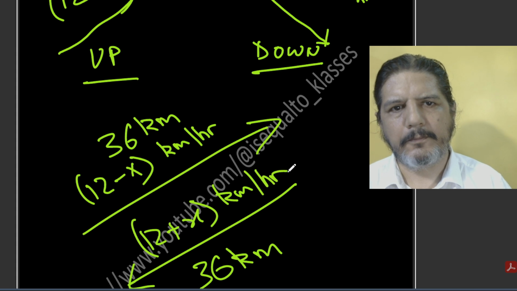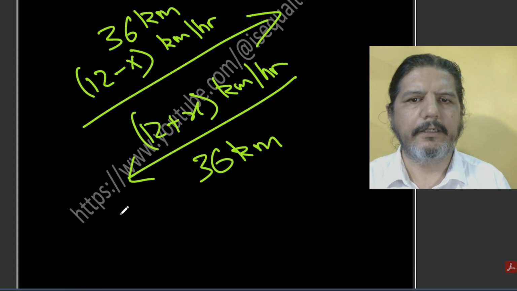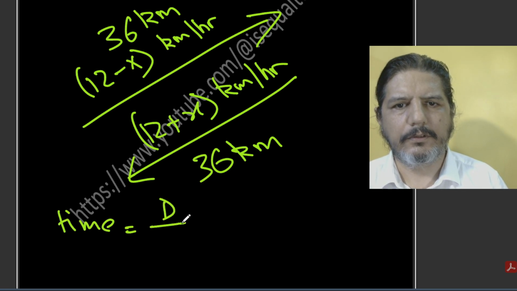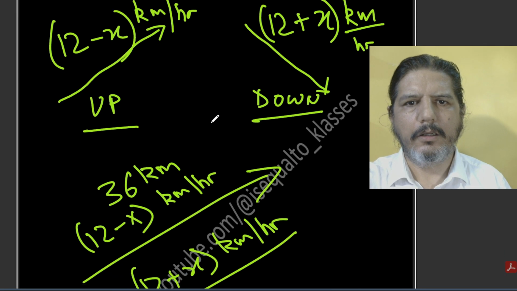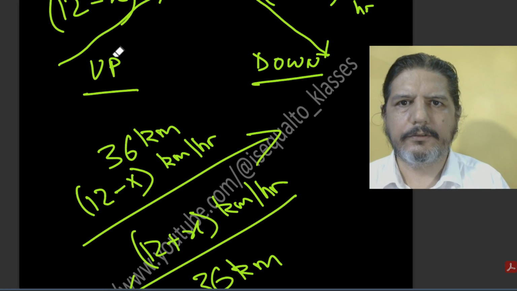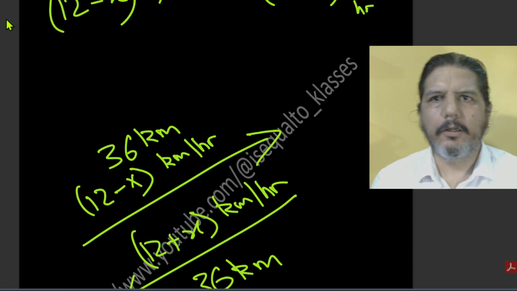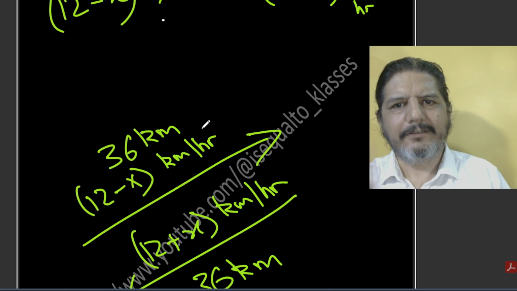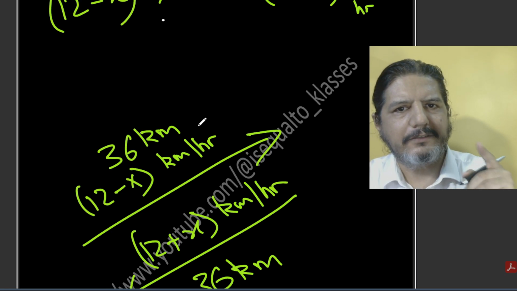Now, one formula that you need to understand is that time is equal to distance upon speed. Now, look carefully here. I'll just erase this because I don't need this anymore. So 36 km he is going at a speed of 12 minus x km per hour.